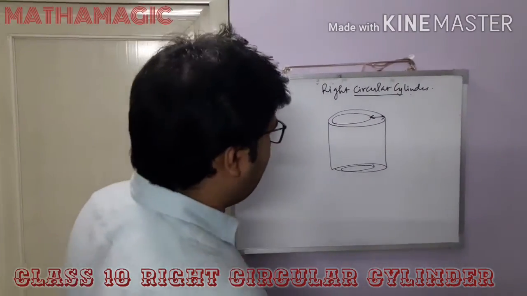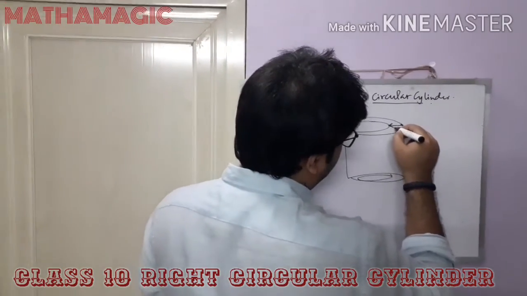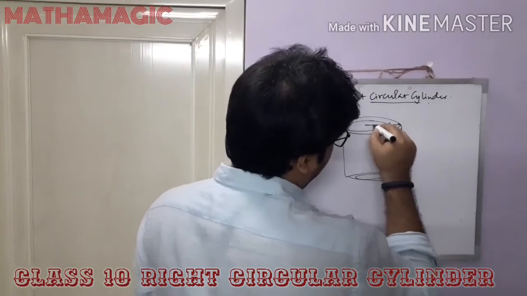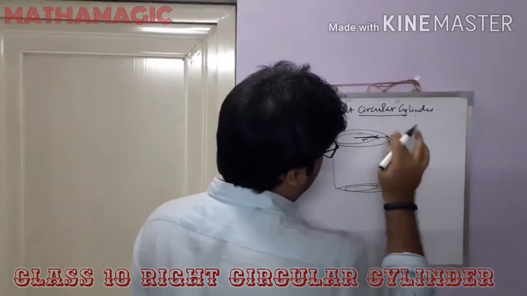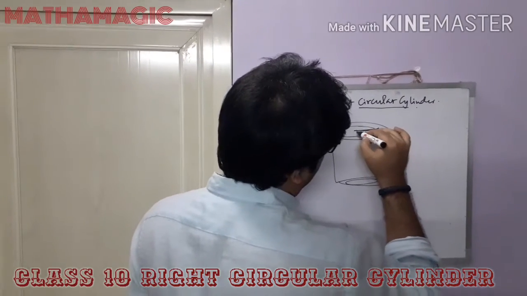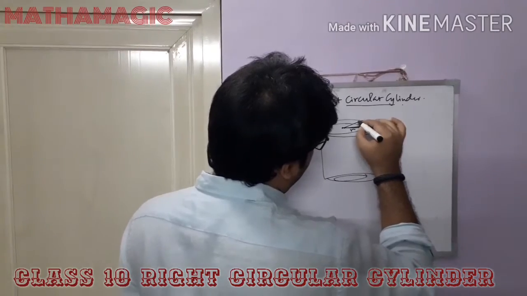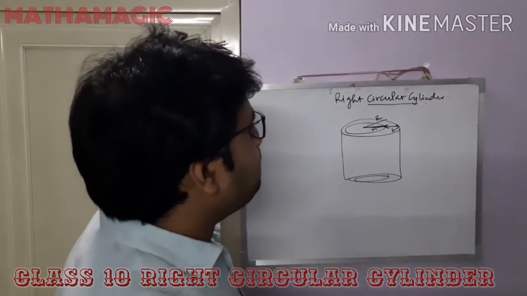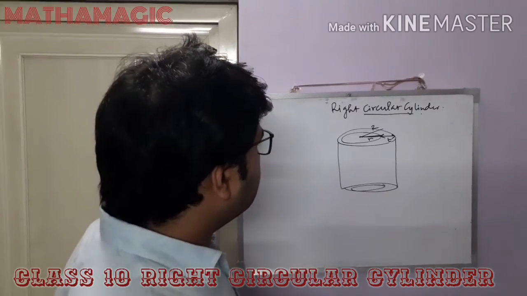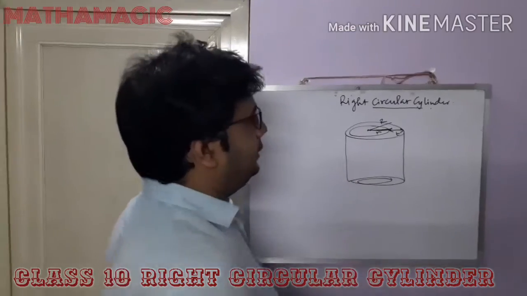Now it is having a thickness of, let it be t, and the radius of the inner side is equal to small r, and the radius of the outer surface is equal to capital R. Then what will be the total surface area of this right circular cylinder?